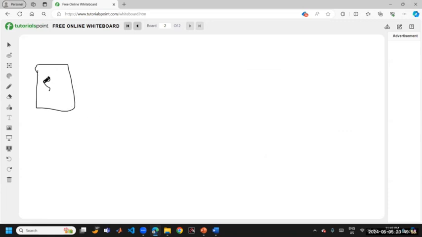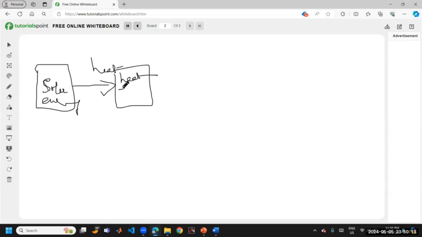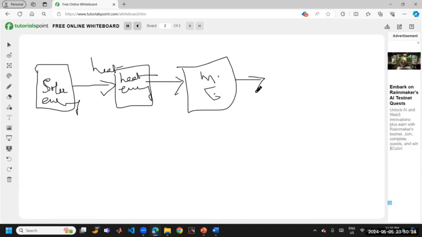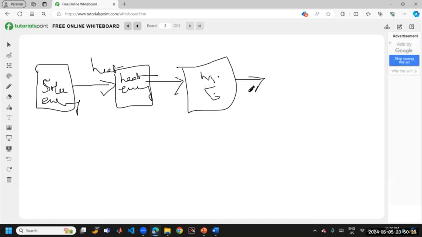From that solar energy, the heat will be extracted, and that heat energy is the next stage. Then from heat energy comes mechanical energy, and after mechanical energy, you can get the electrical energy.